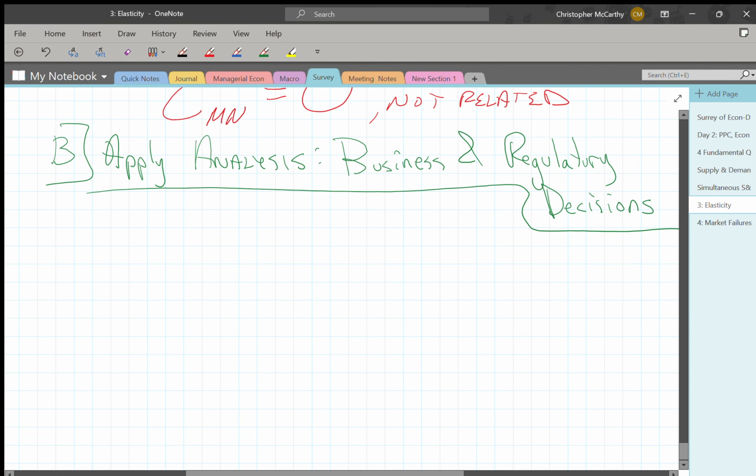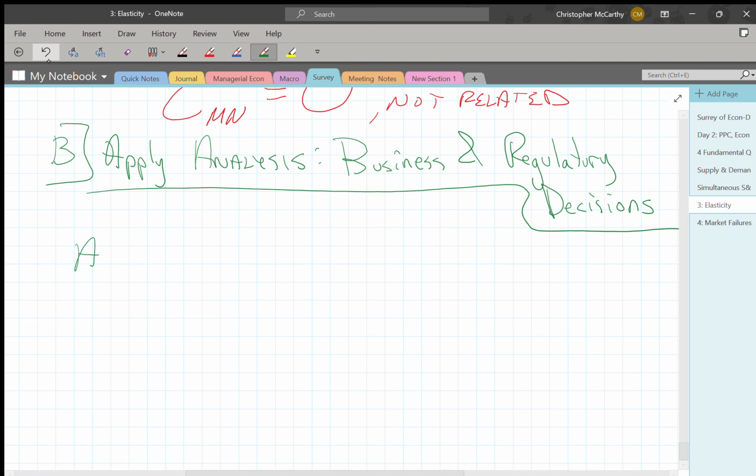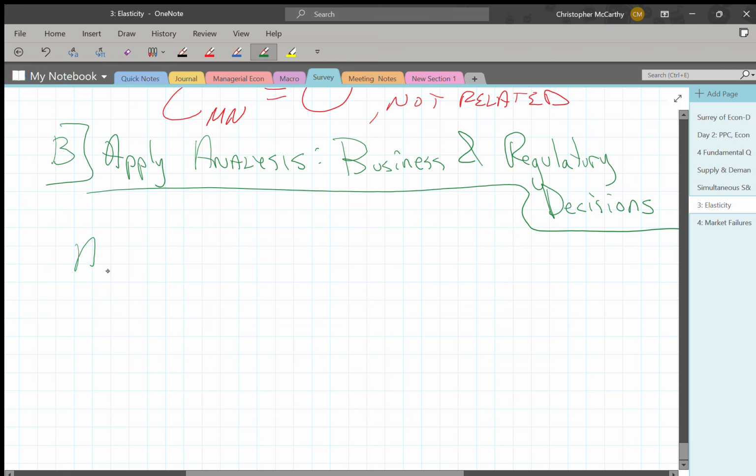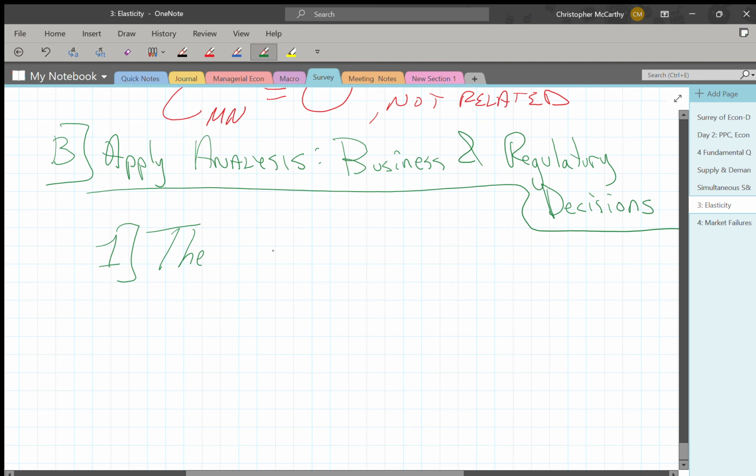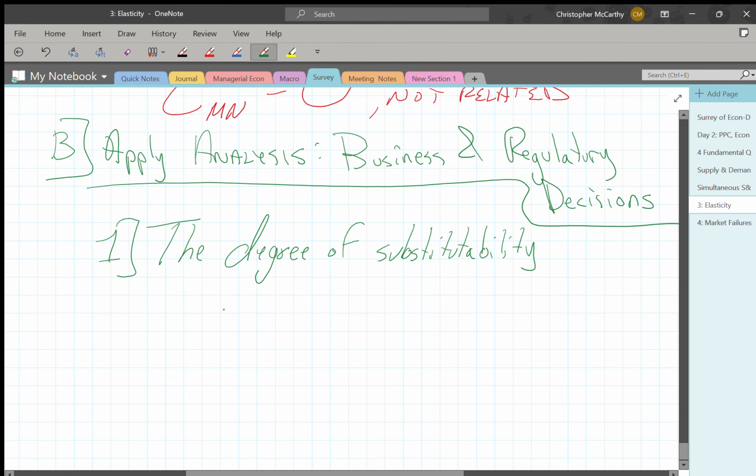The degree of substitutability influences the decision making of both firms and governments.